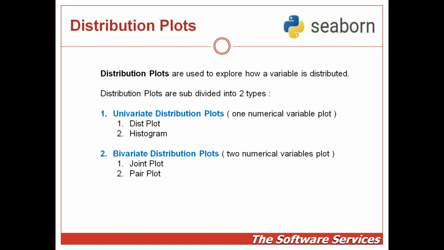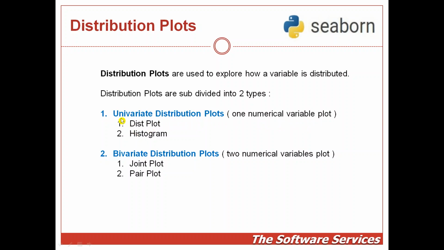In that column, how the data is distributed, we are going to plot that aspect. It is one numerical variable. The condition for distribution plots is that the data should be numerical, friends. For a categorical variable, distribution plots don't make sense. So, one numerical variable plot.